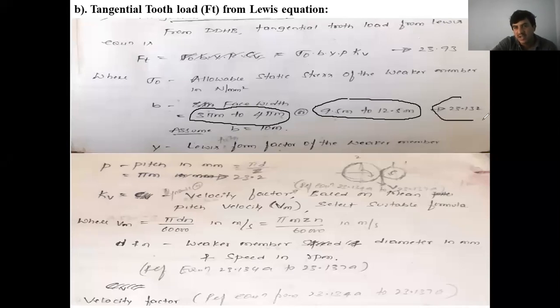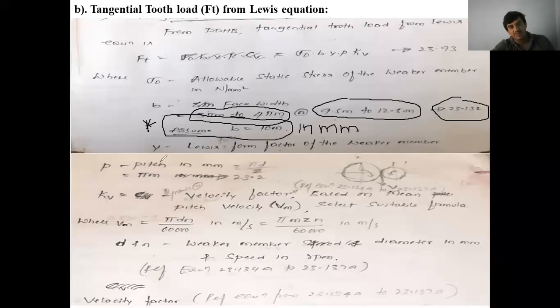You can see that in equation number 23.132. Now which value do you have to assume here? Throughout our problem, we will assume B is equal to 10 times the module in millimeter, where m stands for module. Remember this value: B is equal to 10 times the module.